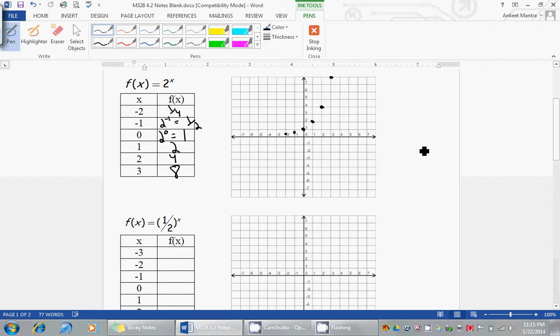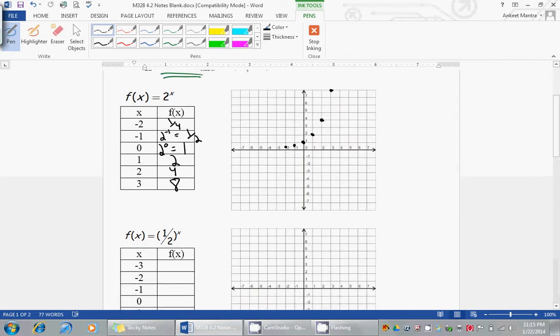I'm going to connect the dots, like that, and like that. One smooth curve. It looks like it's going to keep on getting bigger as x gets bigger, and it looks like it's going to keep on getting smaller, and we'll talk about what's happening here as x gets more and more negative. Now let's do the same thing for 1/2 to the x.